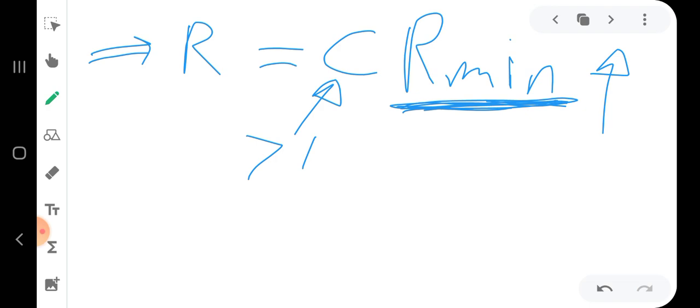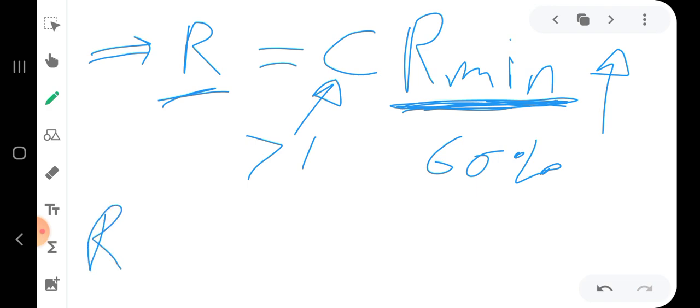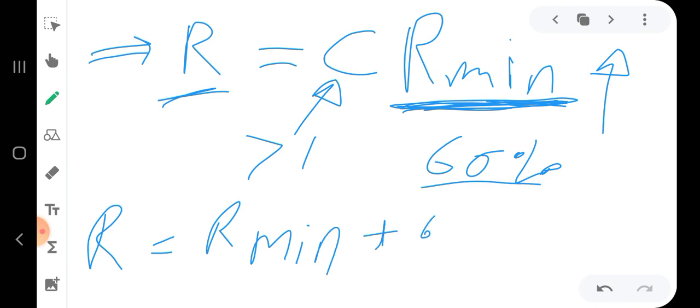So for example, if we say that we are working at a reflux ratio that's 60% higher than the minimum, this means that R is equal to the minimum plus 60%, which is 0.6 R minimum.